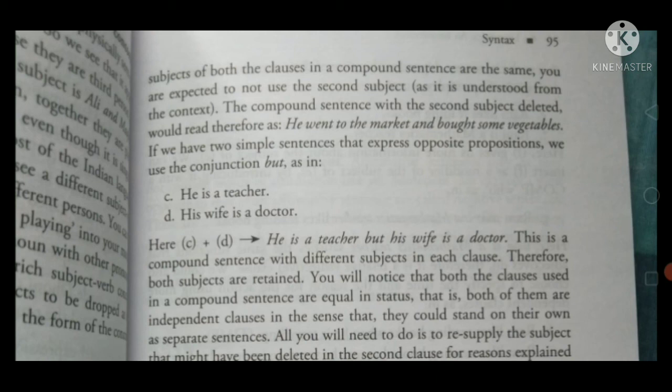This is a compound sentence with a different subject in each clause. Therefore, both subjects are retained. You will notice that both the clauses used in a compound sentence are equal in status. That is, both of them are independent clauses in the sense that they could stand on their own as separate sentences.